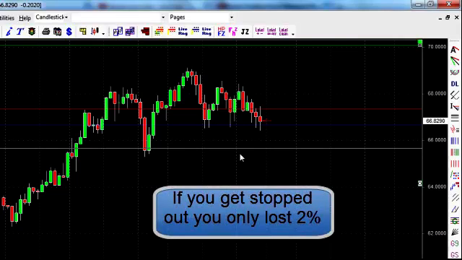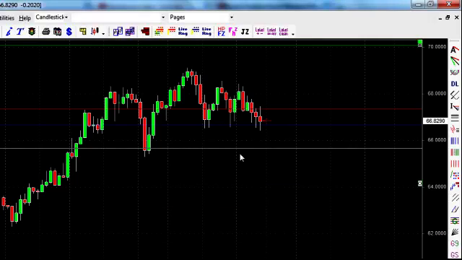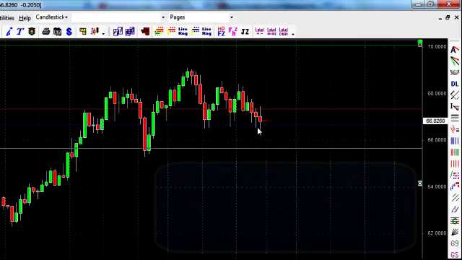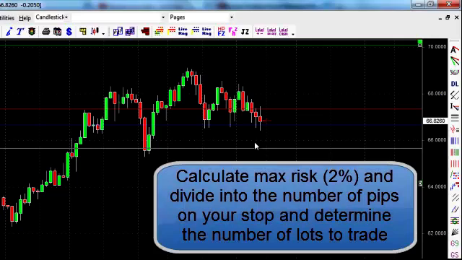Okay? You can live another day at 2% at a time. And 2% actually is pretty aggressive, guys. But let's say that's what we're doing. So what you need to do is calculate the number of pips. You have a 100 pip stop loss, and divide that between the number of lots. So you're willing to risk $20. You have to spread $20 between 100 pips.